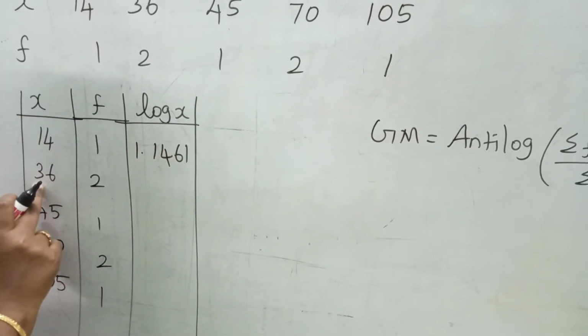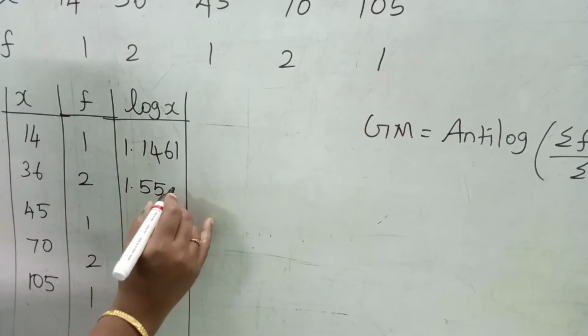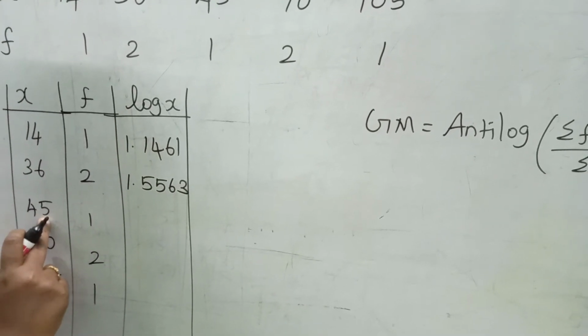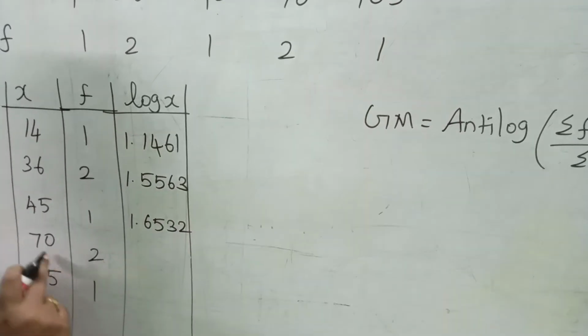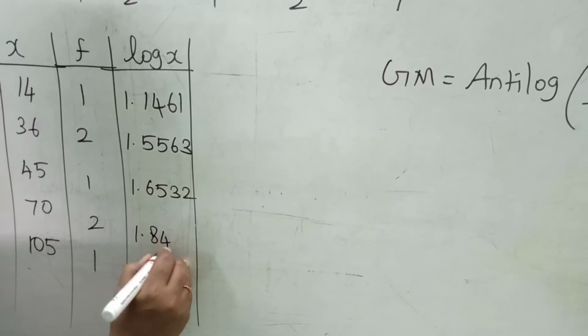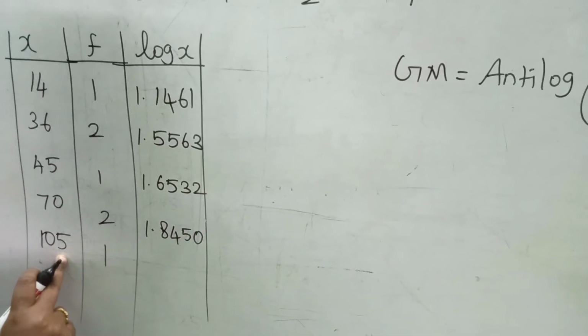Next, log 36 is 1.5563. Log 45 is 1.6532. Log 70 is 1.8450.